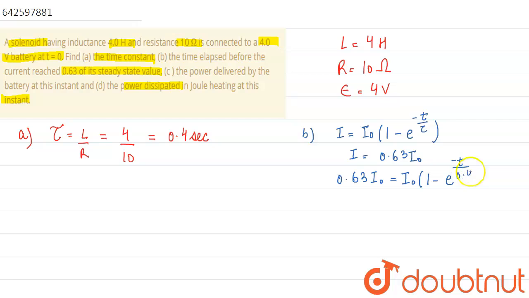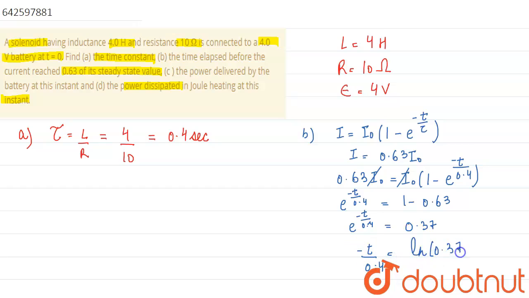We already calculated it. So from this and this, I naught cancels out. We can write it as e to the power minus t by 0.4 is equal to 1 minus 0.63, which is equal to 0.37. Taking ln on both sides, e and ln cancel out, so we are left with minus t by 0.4 is equal to ln of 0.37.